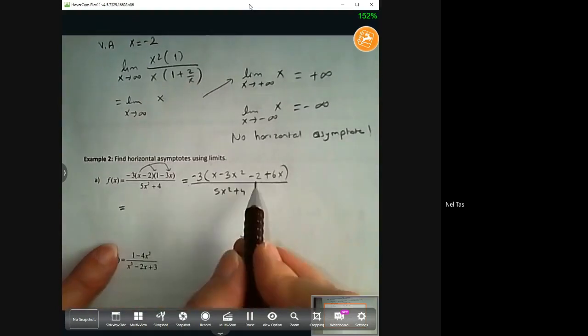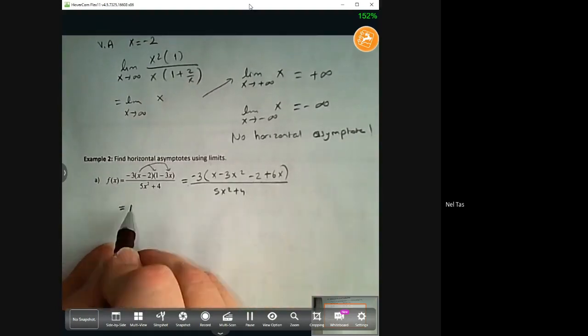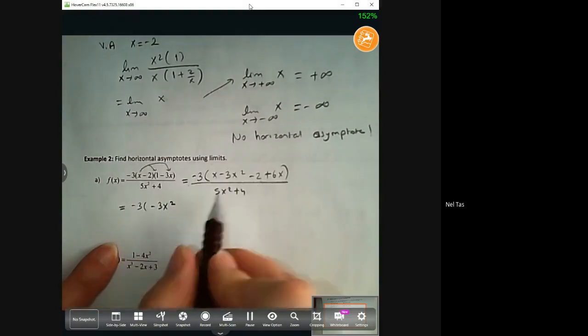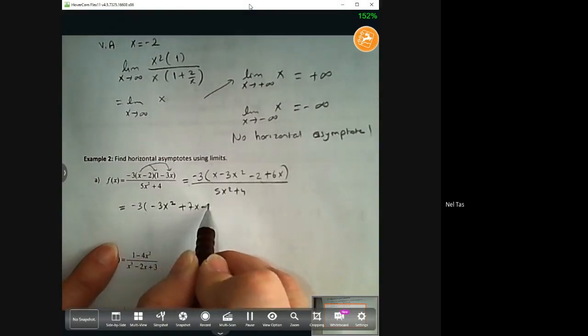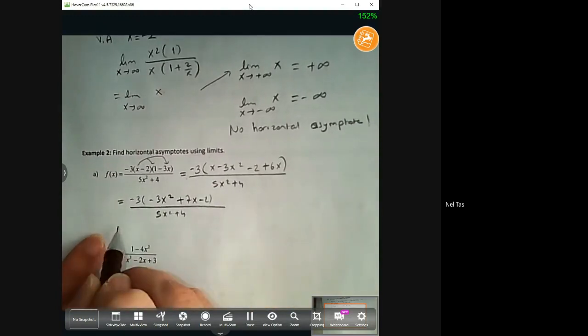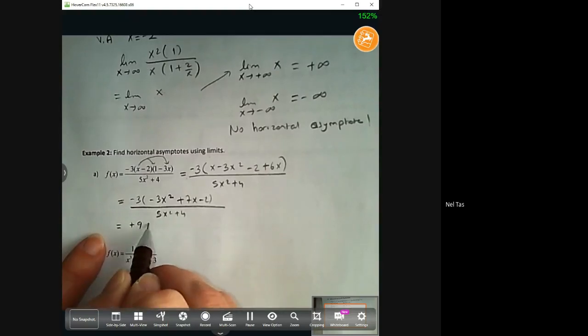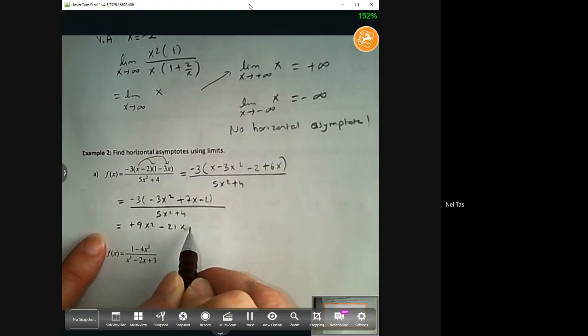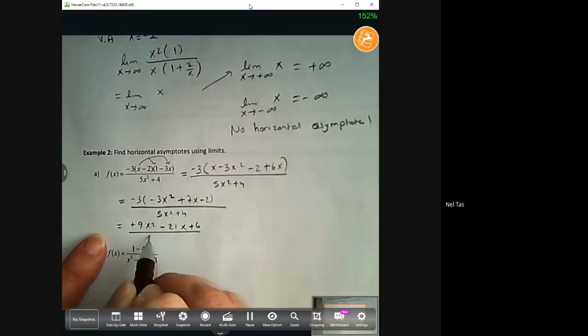All right. So -3 times -3x squared plus 7x minus 2. So expand, positive 9x squared minus 21x plus 6.